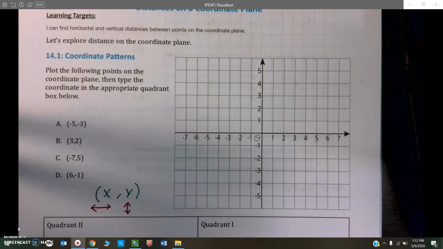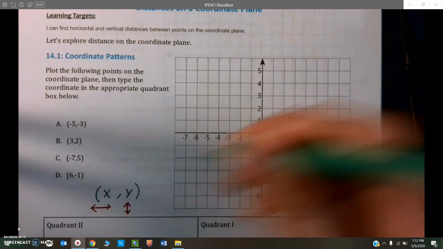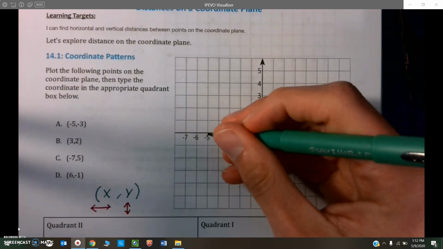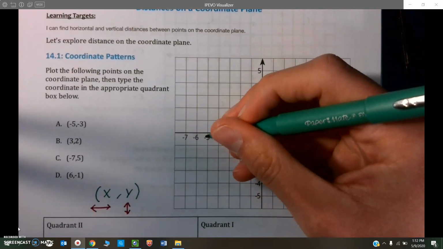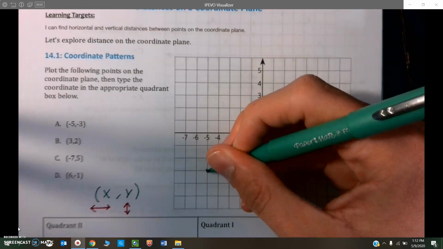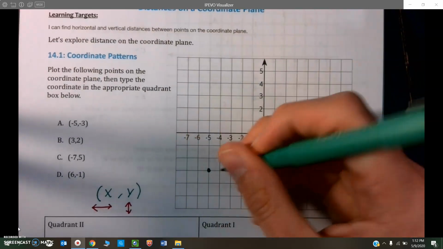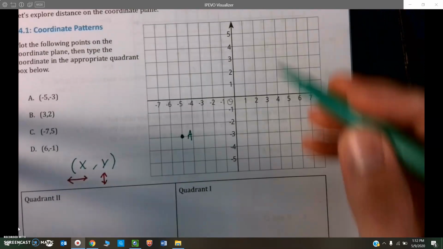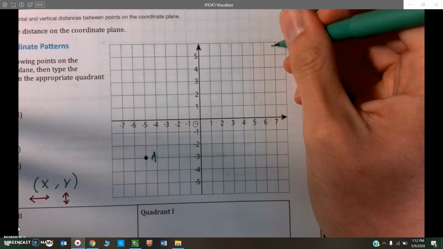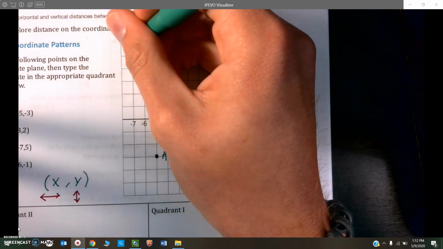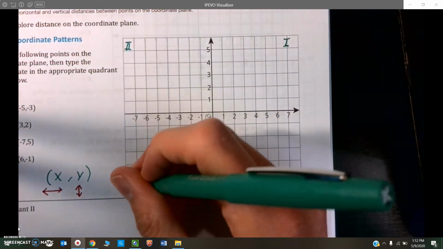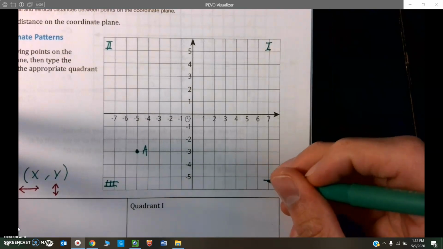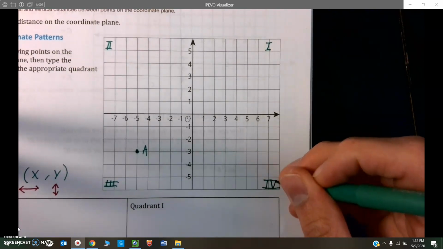So for A, it's -5, -3, so that is 5 to the left, -1, -2, -3, -4, -5, and then -3, so that's down 3, 1, 2, 3. So this is A, and here's quadrant 1, 2, 3, and 4.